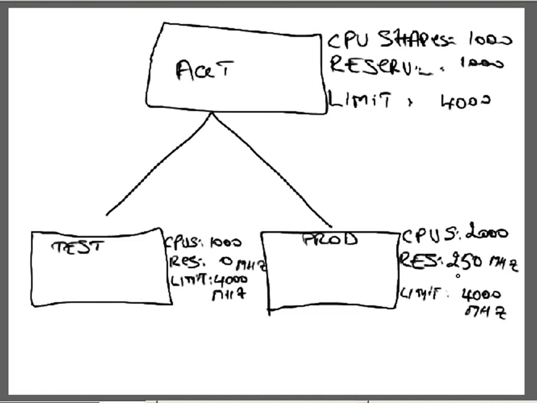Clearly, and I want to stress this, we're making sure that the production virtual machines have access to the resources when it comes time for all of these virtual machines to contend for resources. Now if there's a lot of resources, nobody has a problem. Prod is okay, test is okay. But when it comes time to fight for resources, these are the virtual machines that are going to have priority when it comes to accessing the physical resources.